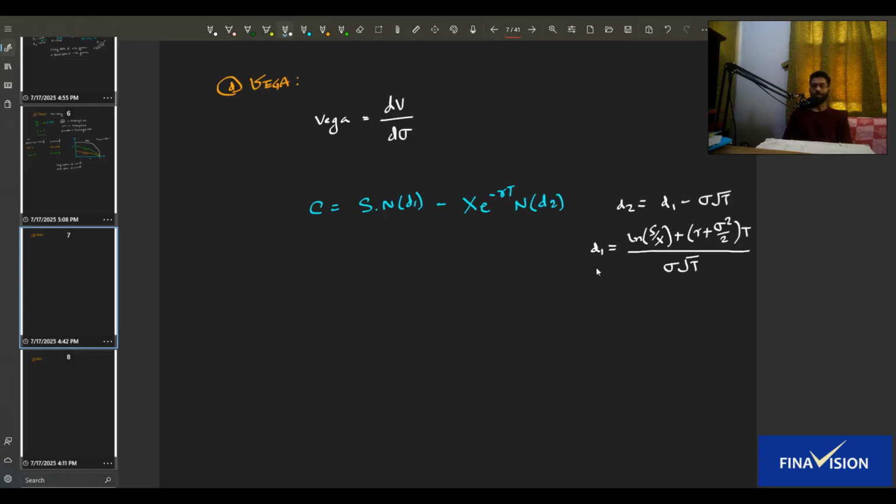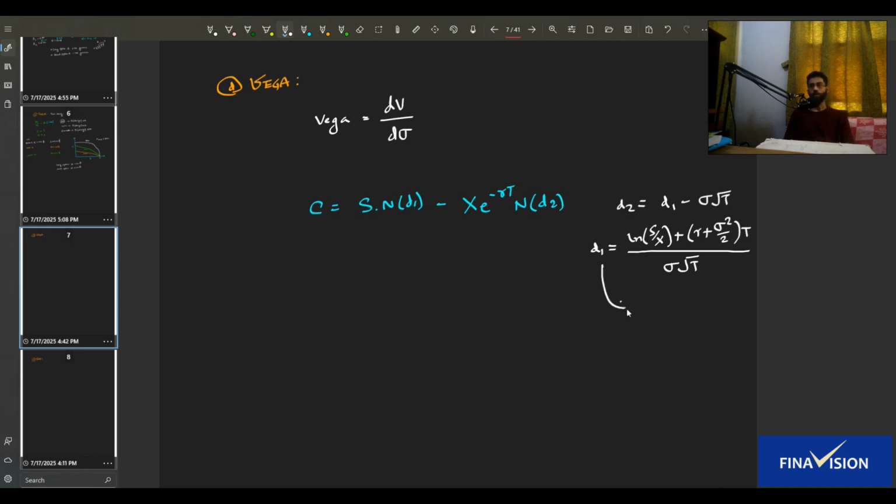Now here this D1 is basically representing the probability of the price moving upwards, because here we are talking about a call. By D1 we are actually trying to express in mathematics what is the probability scenario of the option ending in the money.